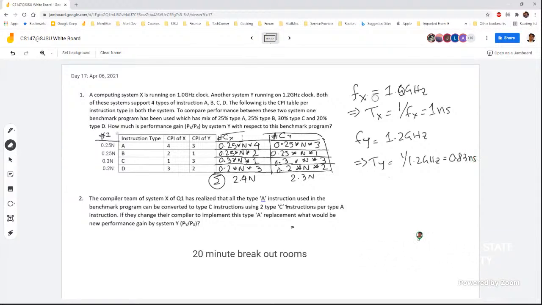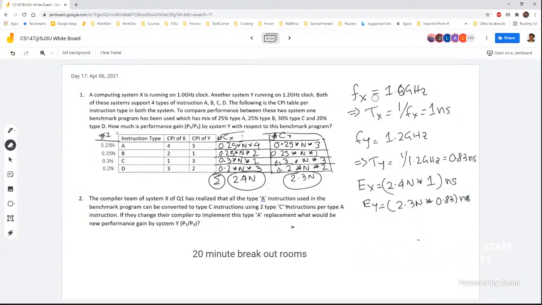That means my execution time for X is 2.4 N multiplied by 1 nanosecond, and execution time for Y is 2.3 N multiplied by 0.83 nanosecond.